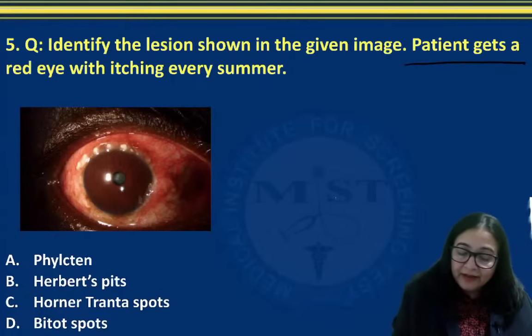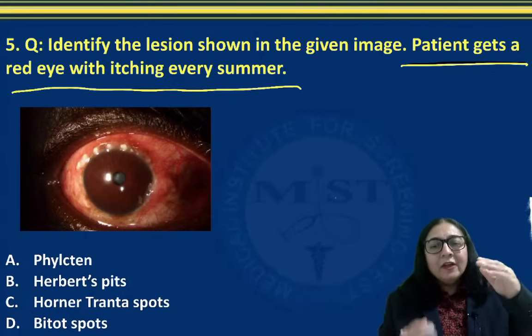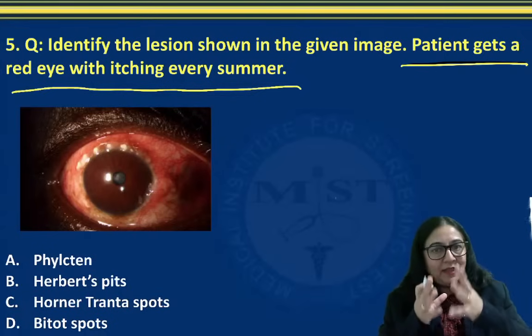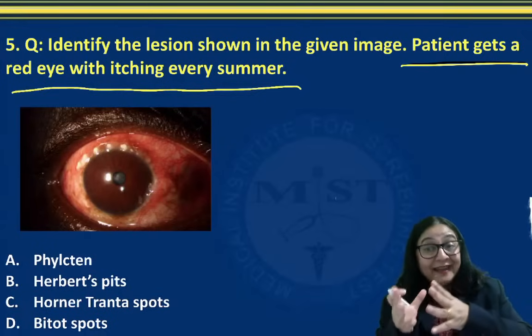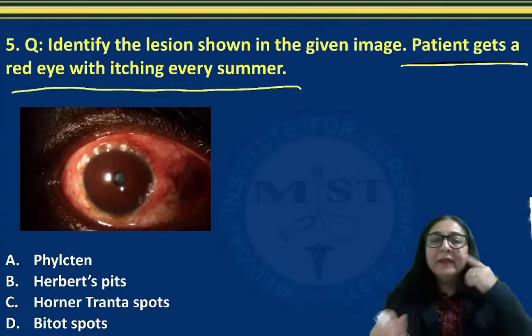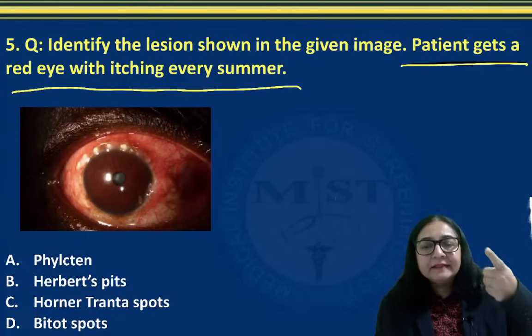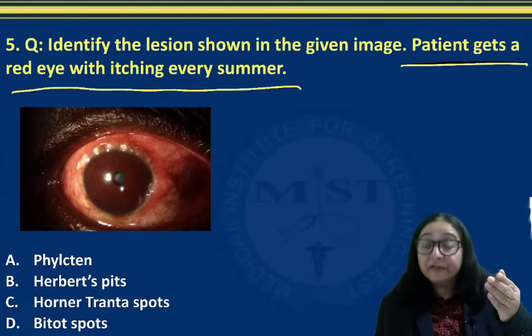Patient gets a red eye with itching every summer. So when there is itching, think of an allergic condition. Though you get itching in trachoma also, your first thought should be an allergic condition.